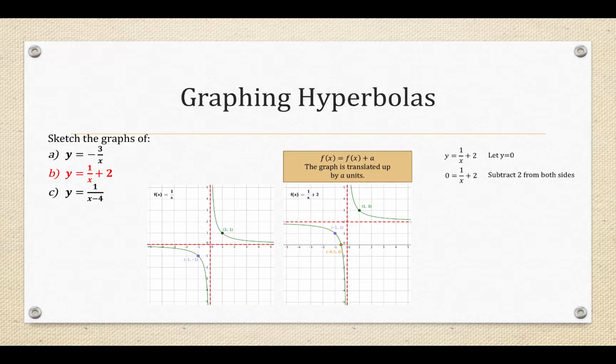We want to isolate that 1 over x by subtracting 2 from both sides, which gives me -2 equals 1 over x. I'm going to multiply both sides by x to give me -2x equals 1, and divide both sides by -2. We know that we get x is equal to -1/2 at the point where the hyperbola crosses the x-axis. This gives us an x-intercept of -1/2, 0.